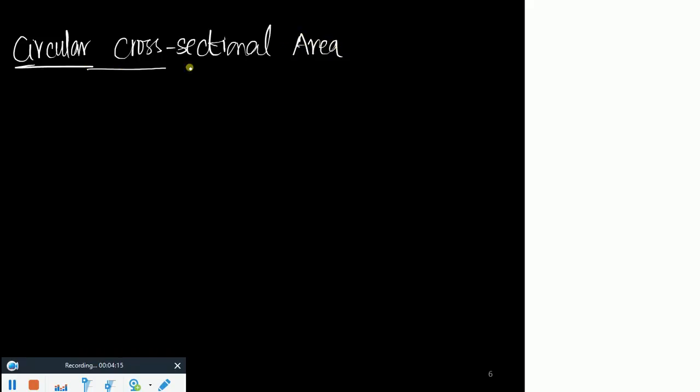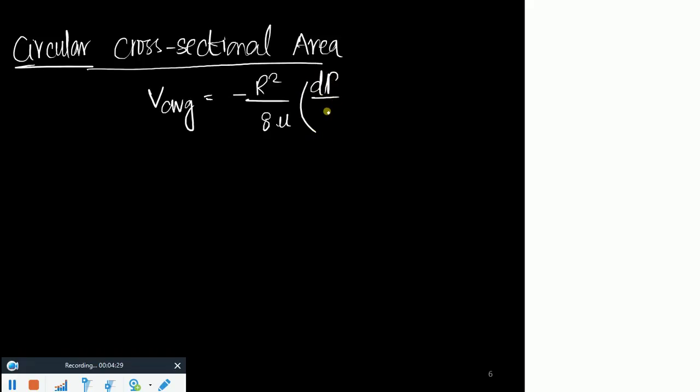So for the same circular cross-sectional area, we have V average. Just apply the definition which we have seen earlier during the last lecture. V average is equal to minus R square over 8 mu dP over dx.